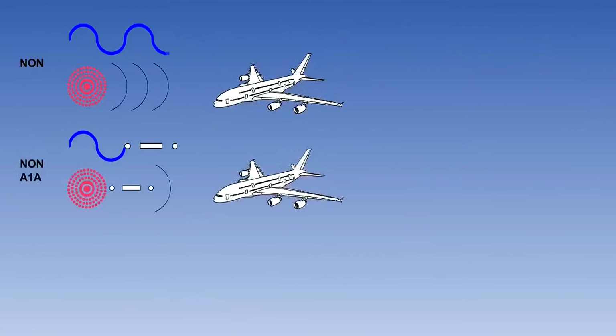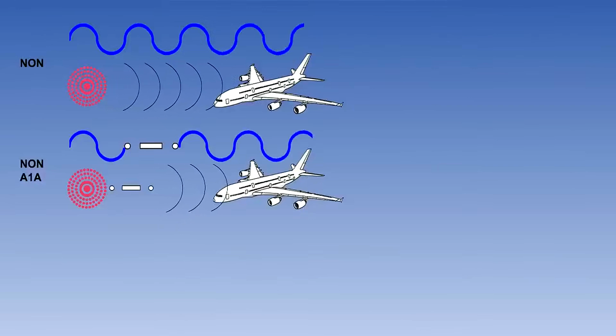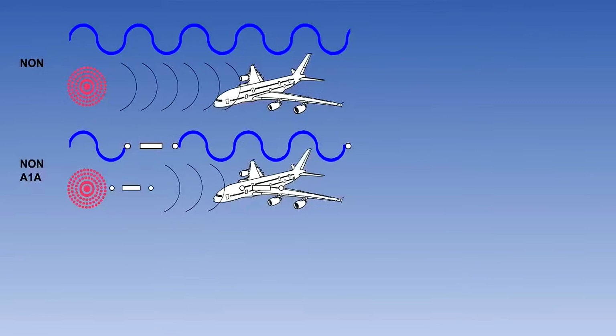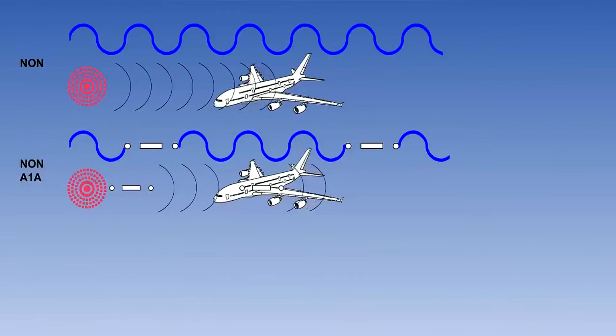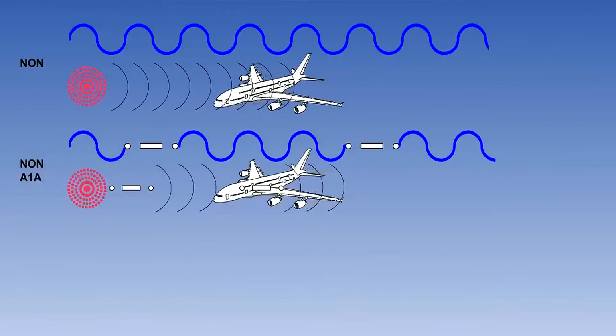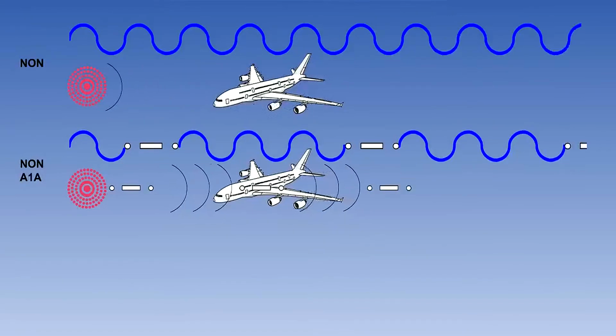The A1A part of the signal periodically replaces the N0N transmission and, being an interrupted carrier wave, is used to carry the 3-letter Morse identifier of the NDB. N0N A1A beacons are normally used with high power outputs for long-range NDBs.